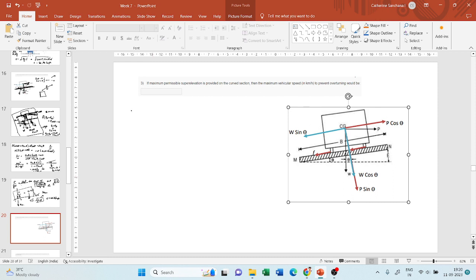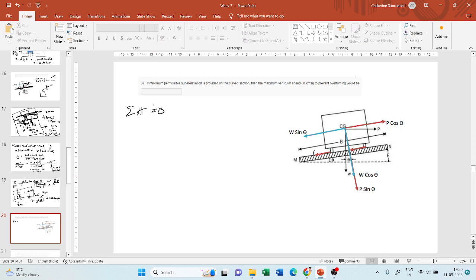There we equated summation of horizontal forces to 0. For overturning, what will we do? We have to equate summation of moment equal to 0. Summation of moment about which point? I am taking summation of moment about the center point. Now let us do the following. So what are the forces which are acting?